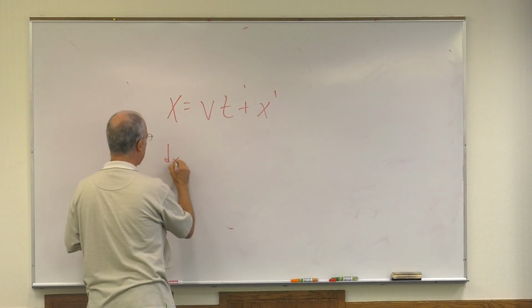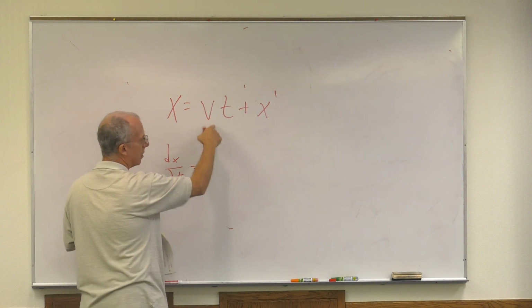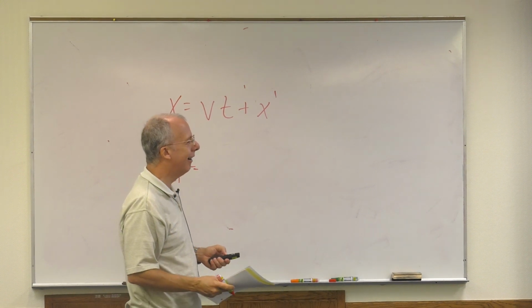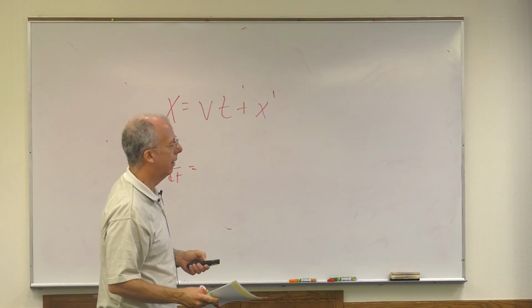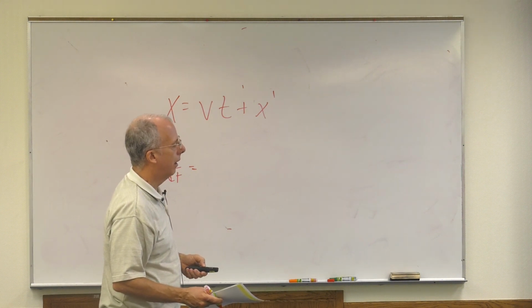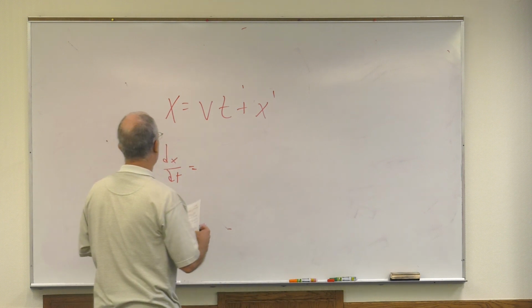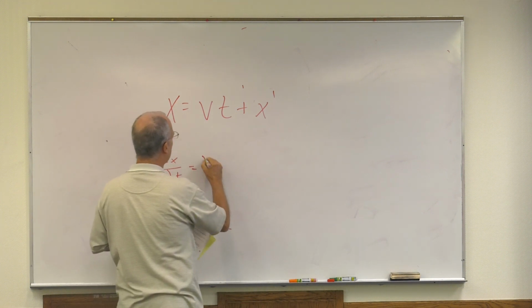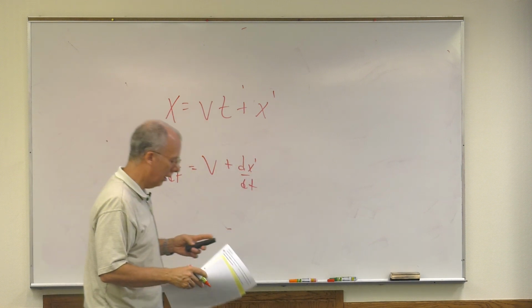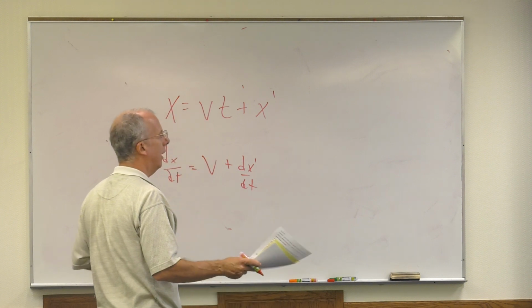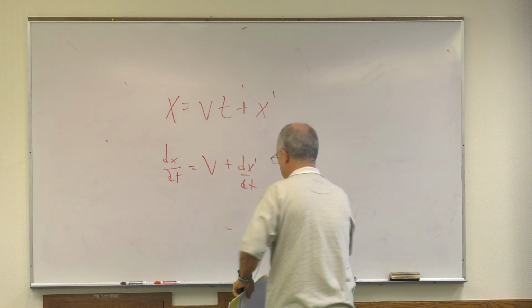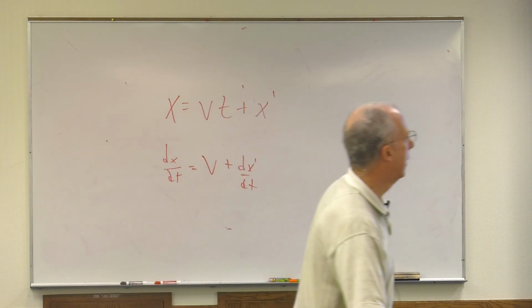So dx/dt equals v plus dx prime/dt. I mean, that's it. So there's the velocity. So here are the velocity transformation equations.